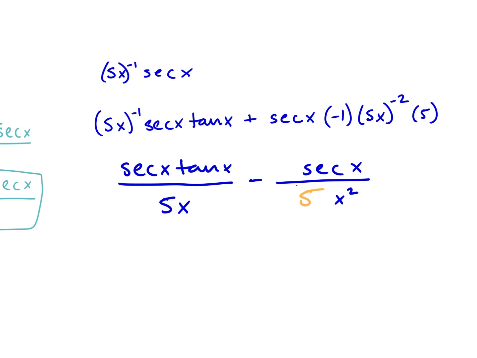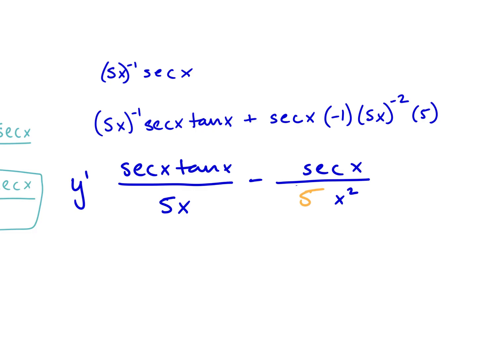How could I combine the fractions together? What do I need for adding or subtracting with fractions? A common denominator. So I'd have to multiply the first fraction by x over x.